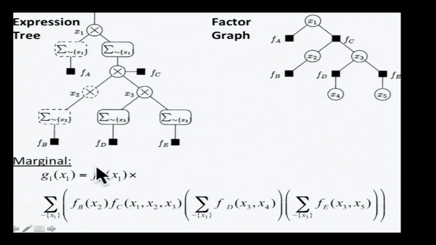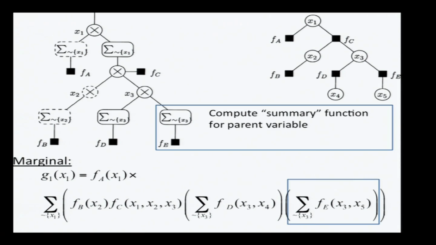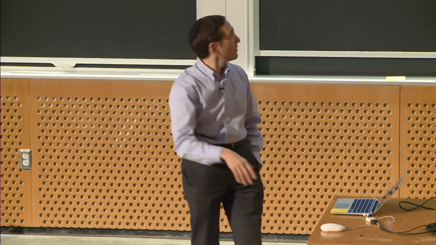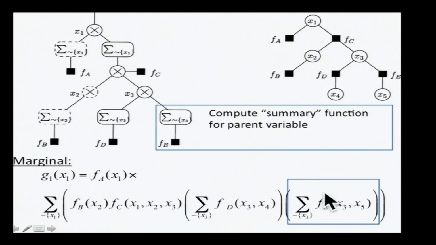So this is just copied from the previous picture. And now we're going to come up with a program for computing these marginals using this tree structure. So first I'm going to compute that summary function, the sum over all sets of the other variables for everything below this point, starting with the lowest point in the graph, and I can compute the summary function there. And that's this term, the summary for x3 of just this FE.